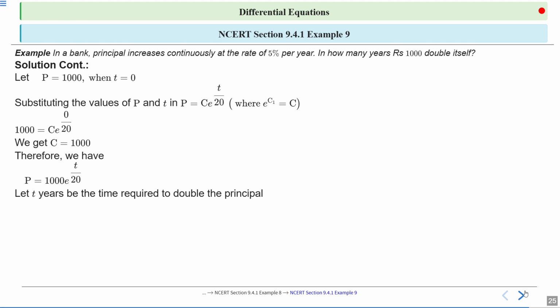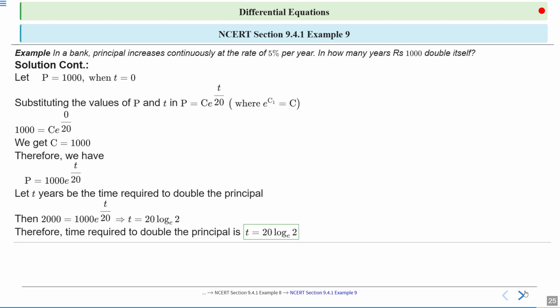Then the principal is 2000 = 1000 × e^(t/20). We have to calculate the value of t. So we get t = 20 log_e 2. Therefore, the time required to double the principal is t = 20 log_e 2.